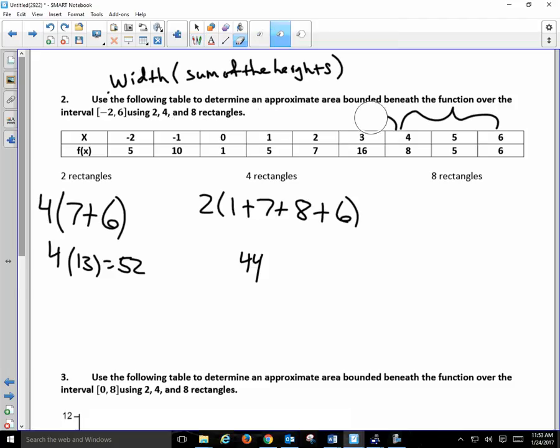If I have 8 rectangles, what's the width of each one going to be? You can see that each one of these is an interval. I'm not going to draw every single one, but I'll draw the first few. You can see the first interval is from -2 to -1. Where do I evaluate the height? -1. So do I ever evaluate the height at -2? No, not if we're doing the right-hand side.